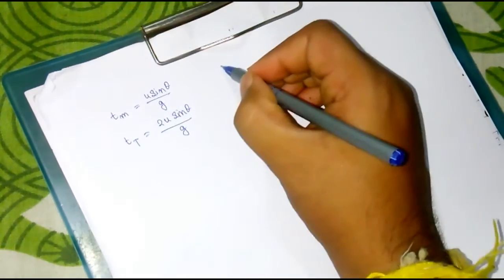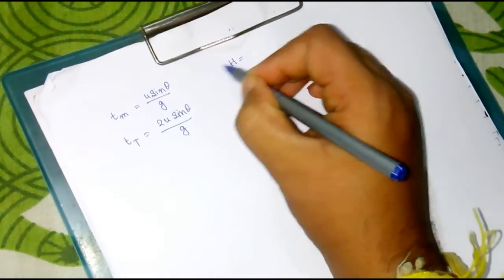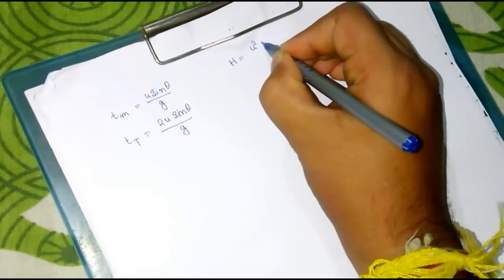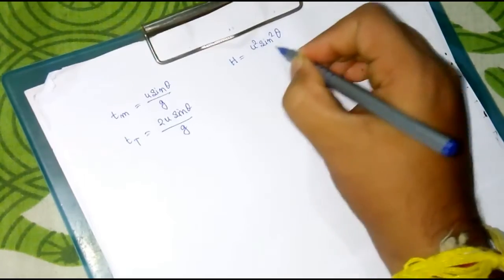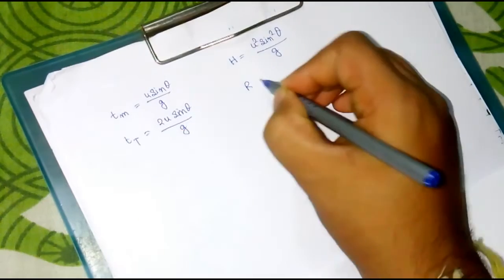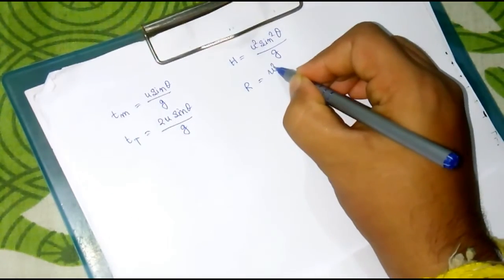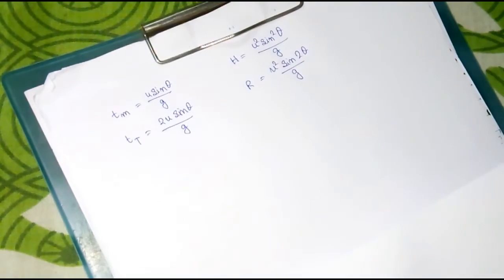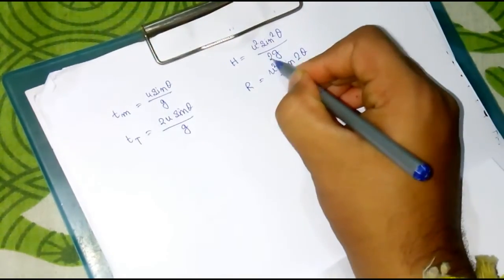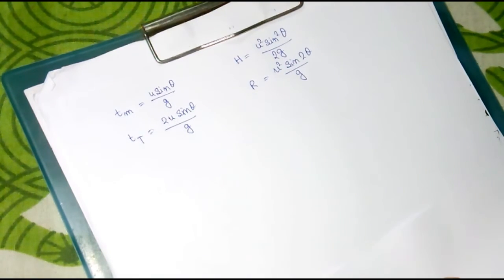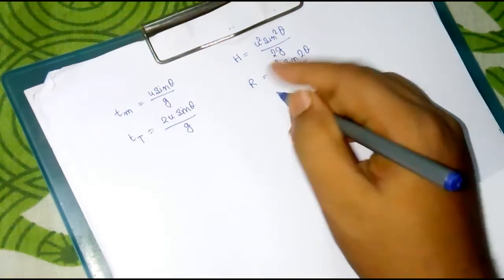And we get the maximum height at this time, which is u square sin square theta divided by 2g, and the range is u square sin 2 theta divided by g. These things we get.